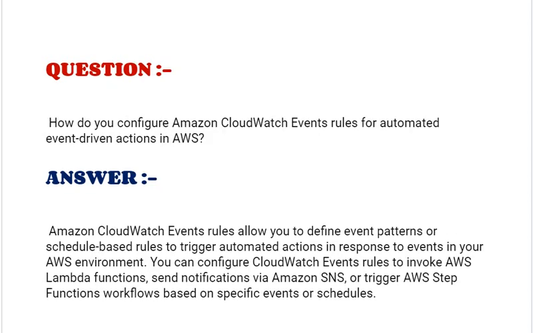Our next interview question is, how do you configure Amazon CloudWatch Events rules for automated event-driven actions in AWS? Your answer should be: Amazon CloudWatch Events rules allow you to define event patterns or schedule-based rules to trigger automated actions in response to events in your AWS environment.